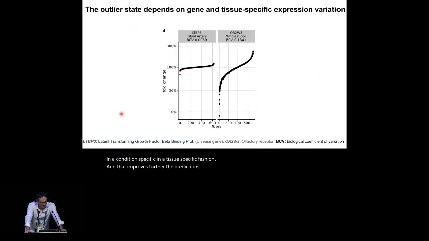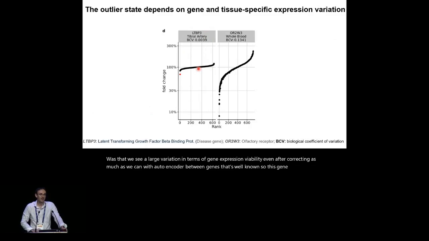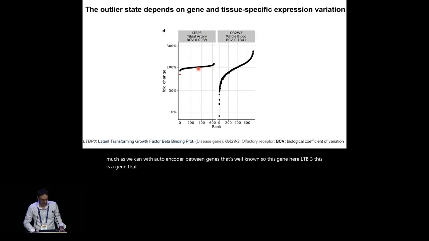The last part that was perhaps surprising was that we see a large variation in terms of gene expression variability between genes, even after correcting as much as we can with our autoencoder. Well, that's well known. So this gene here, LTB3, you can see is very tightly regulated.